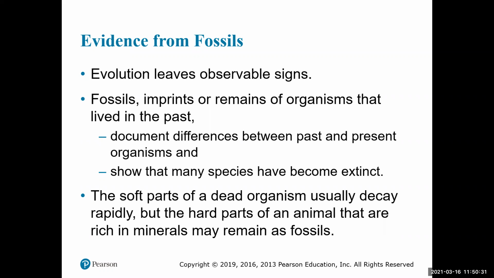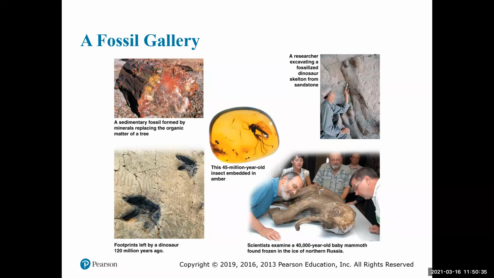So some examples of remains that we find are fossilized skeletal features. For example, we have a skeleton of a dinosaur here, or you can find fossilized minerals that replace the organic material of a tree. And so here you actually have a fossilized tree.